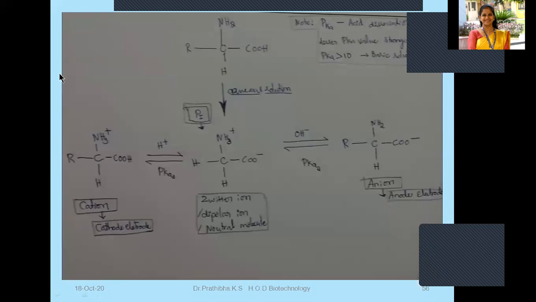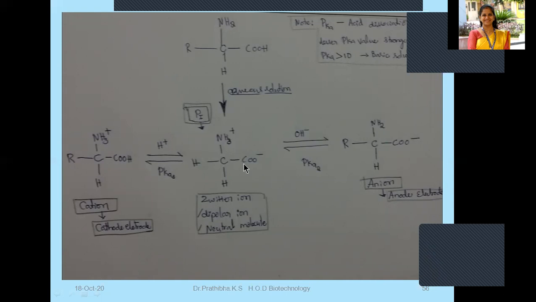Here you can see this is the Zwitter ion, a dipolar ion or neutral molecule. For instance, this is the alpha amino acid. In an aqueous condition, what has happened here? The proton from the acid shifted to the base.